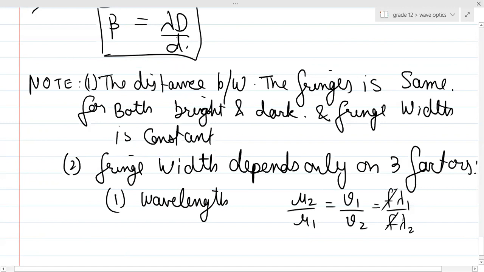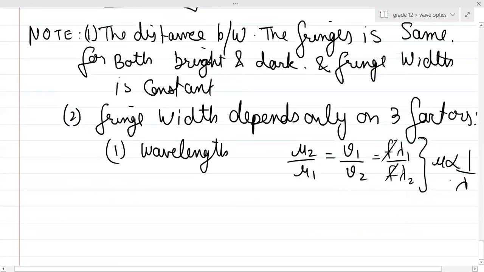So if you dip it in a particular medium, then you will be decreasing the wavelength, because you will be increasing mu. From here, mu is inversely proportional to lambda, right or wrong? If mu is inversely proportional to lambda, then on increasing mu, lambda decreases.